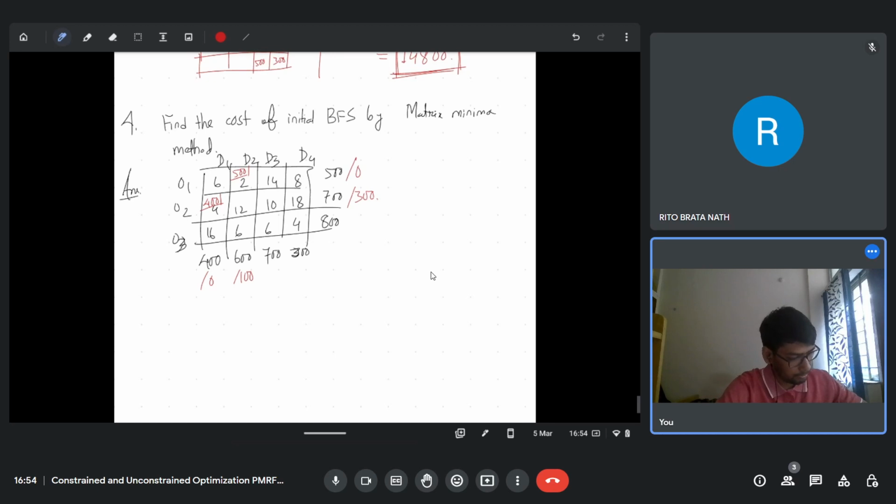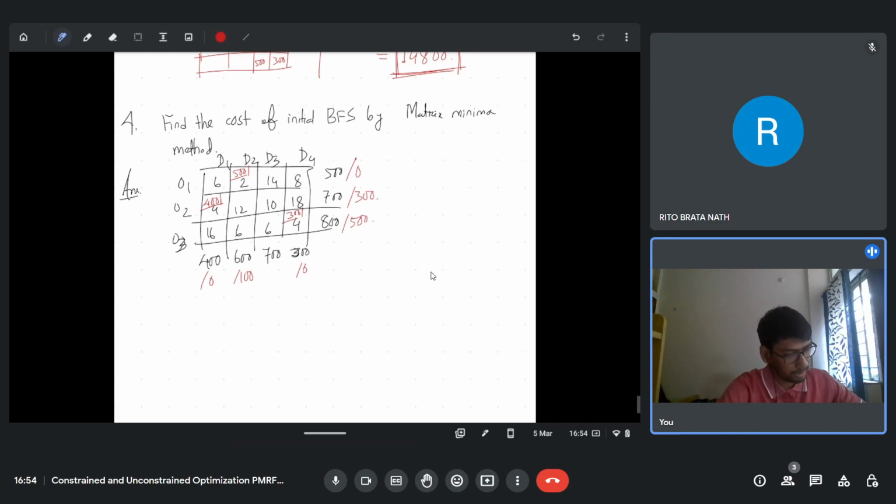After that, what you are left with, again 4 will be the minimum one, and you can allocate 300 there. So this becomes 0, this becomes 500. You can again delete the last column.